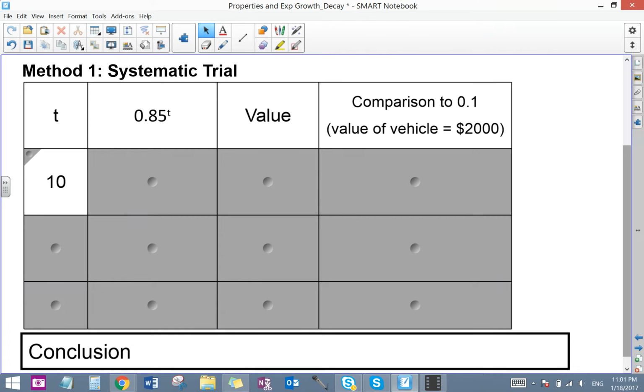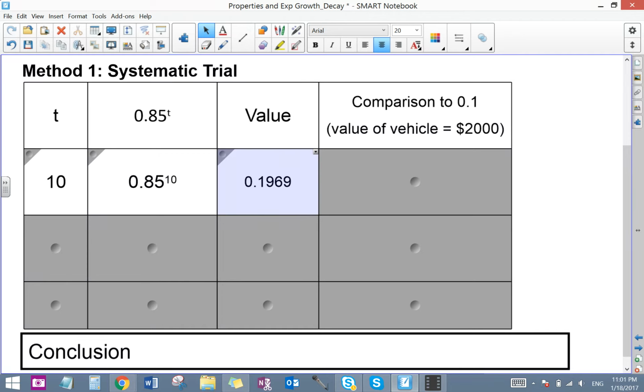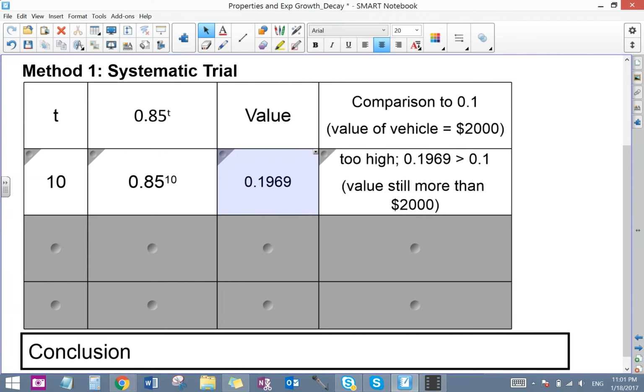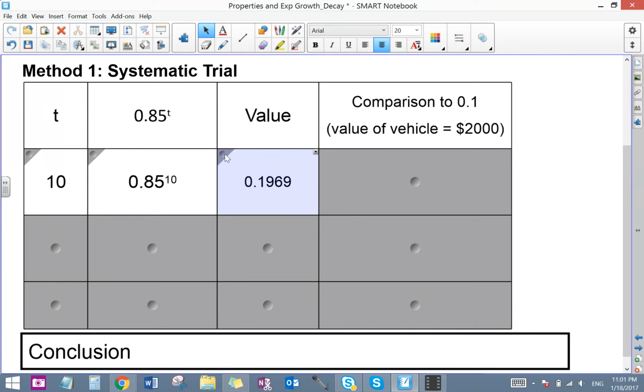So what I want to do is, after 10 years, I need to see my equation equal, and backtrack that a little bit here. I'm just going to cover those again. I need my equation to be equal to, that's what I wanted to say right here, 0.1.